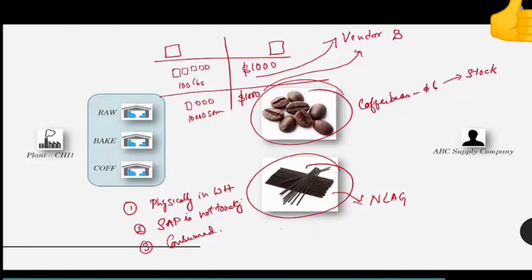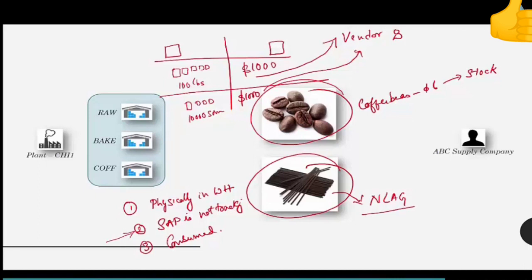So logistically speaking, like I said, there's no difference between coffee beans and stirrers in terms of procurement. They're there in the warehouse like any other stock. But SAP is not tracking the stock because we have created that material as a non-stock material. Alright?